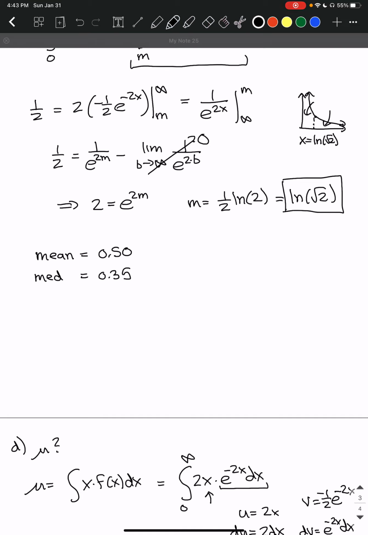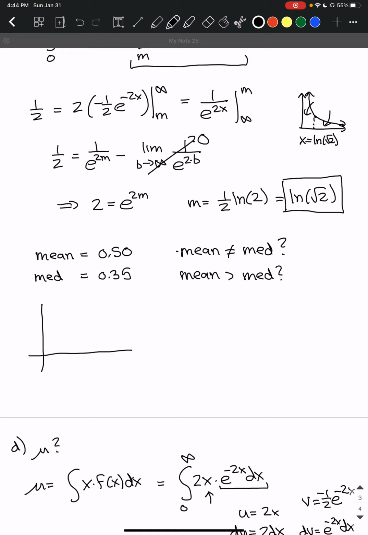Okay, so a couple questions that are raised then is, in particular, why is the mean not equal to the median in this particular case, and then also why is the mean greater than the median? It's not exactly obvious, but what we can do is look at the shape of the function, and we can figure out if it's skewed one way or the other.